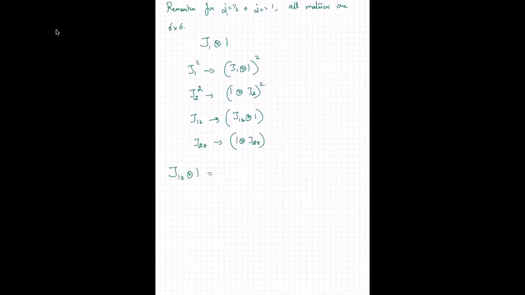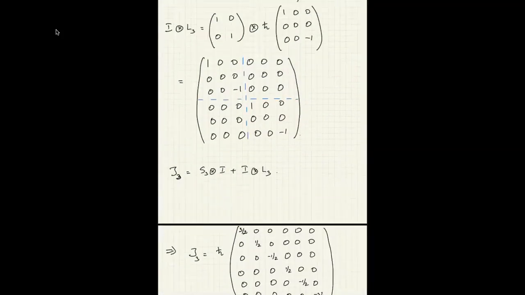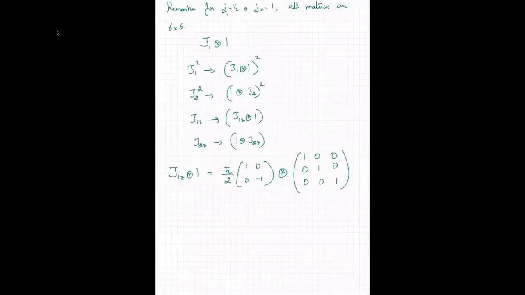What is J1z? I'm adding spin 1/2 and 1. So this will be h bar over 2 times the matrix 1, 0, 0, minus 1, direct product the 3 by 3 identity matrix 1, 0, 0, 0, 1, 0, 0, 0, 1. I think we calculated this part; we called this S3 cross I. I actually made a mistake, this has to be h bar by 2 here.